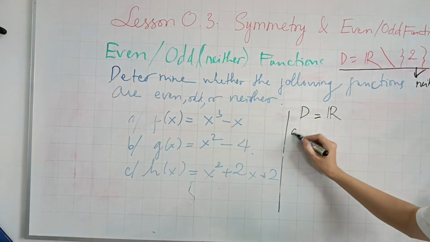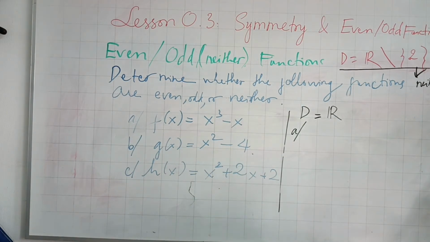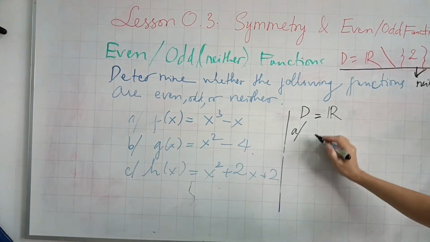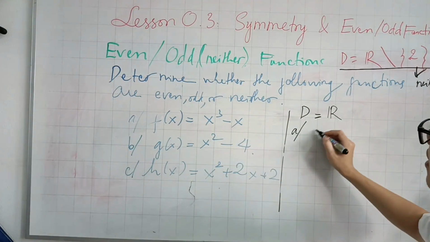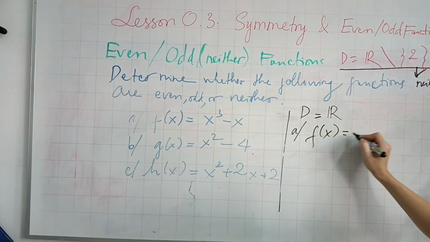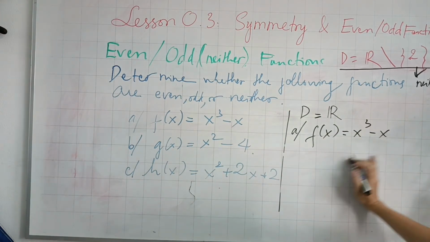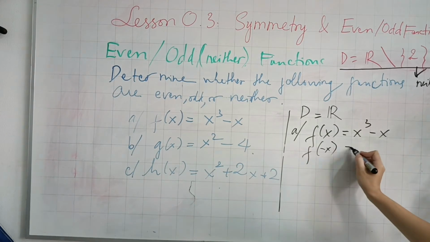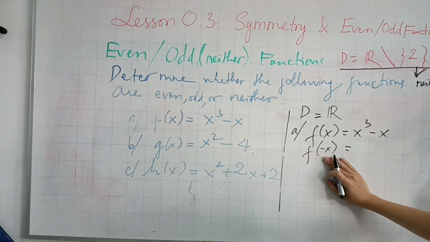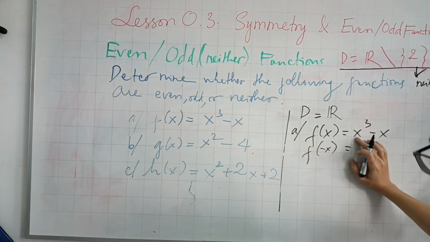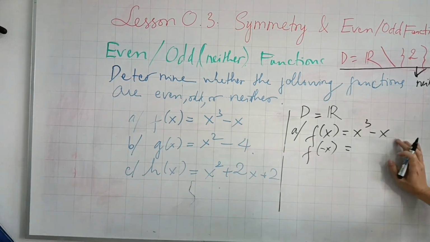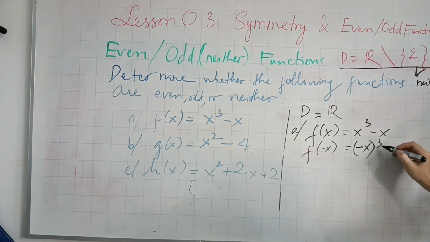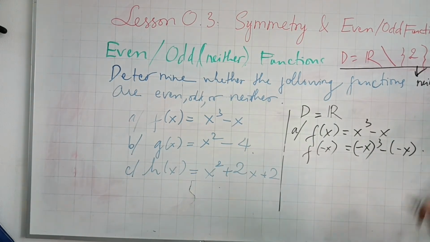Question A. We write that f(x) equals x cubed minus x. f(-x) means that you're replacing x with negative x in the function. It is negative x cubed minus negative x.